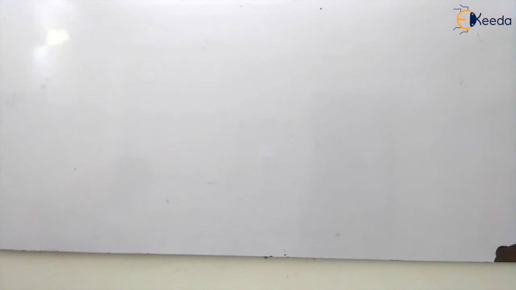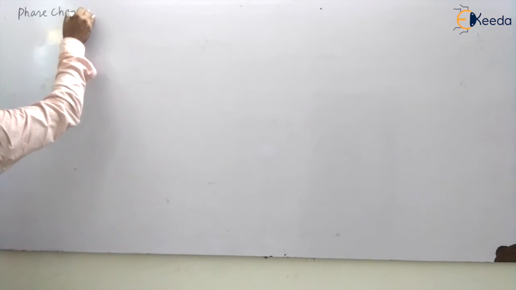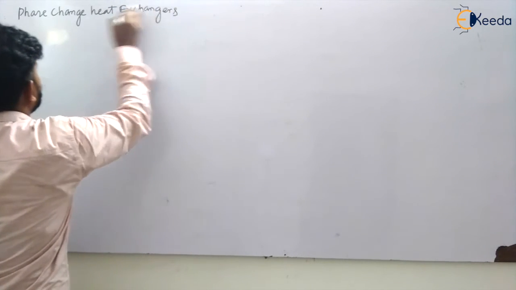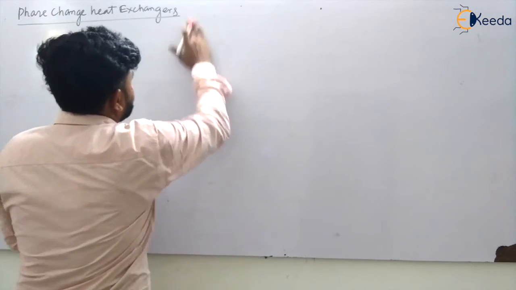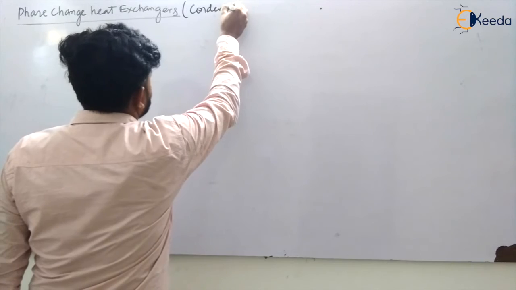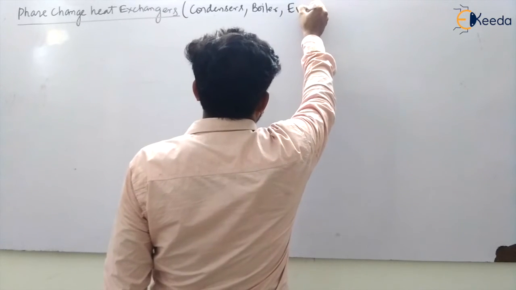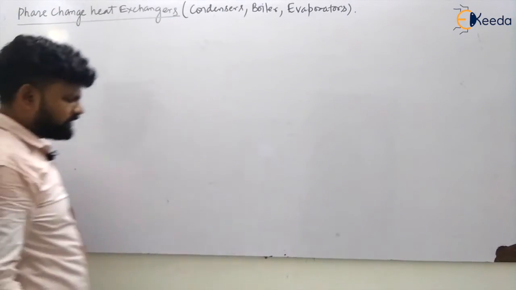In the case of phase change heat exchangers, examples are condensers, boilers, and evaporators, my dear students.